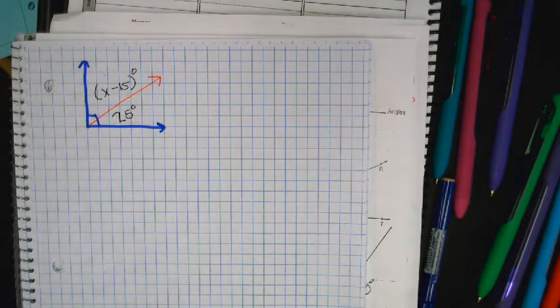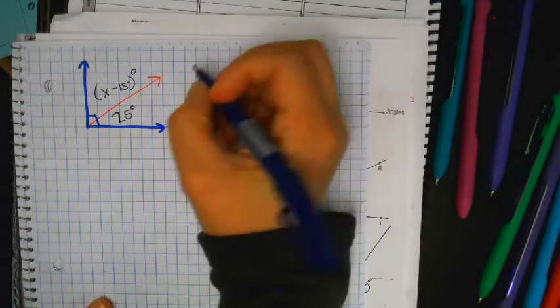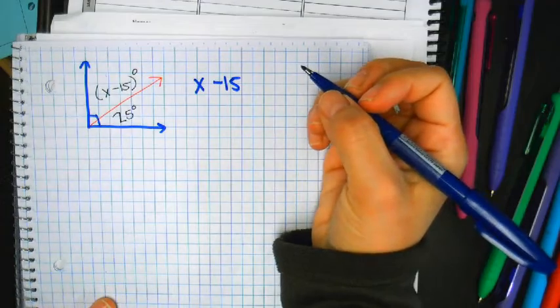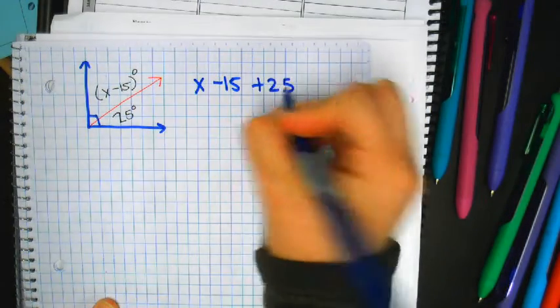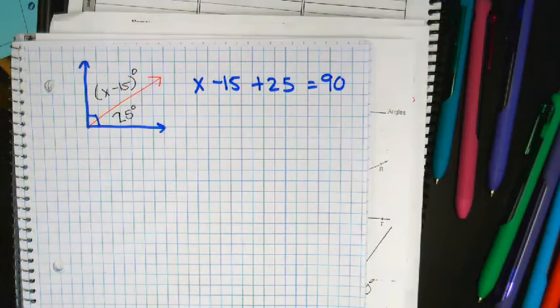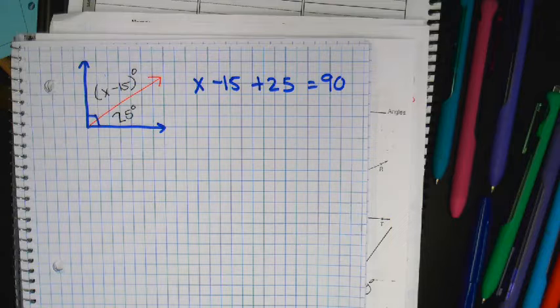All right, so what equation do we write down? X minus 15 plus 25 equals 90. Very good. These two together make 90 degrees, right?